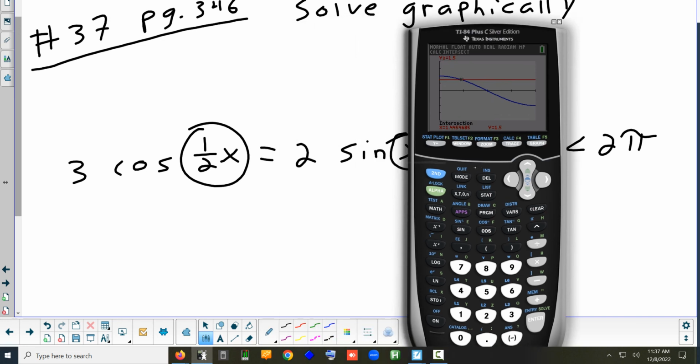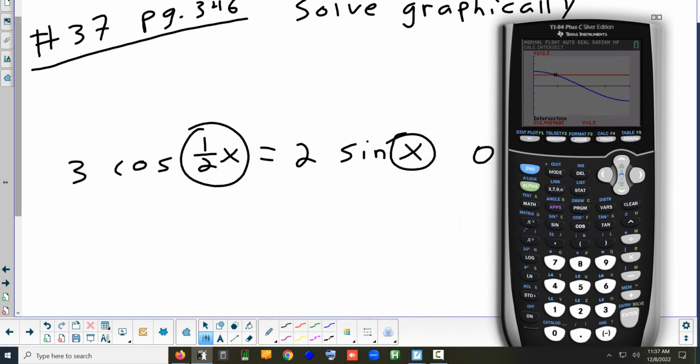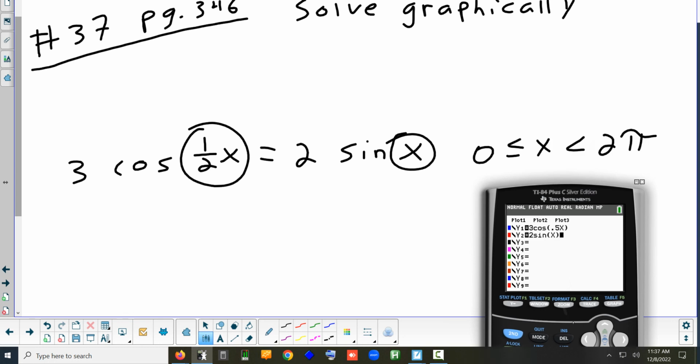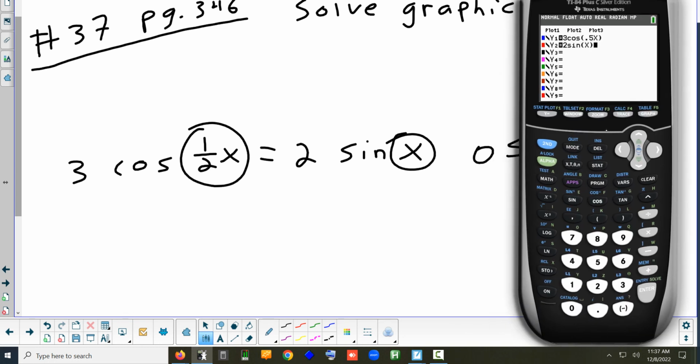All right, so what would I put in y1? 3 cosine 1/2 x. If you want to put in 1/2, you can. It's fine. And then in y2, 2 sine x. And the window, 0 to 2 pi, we're going to leave that just like we've been. Let's think a little bit about the y min and max.